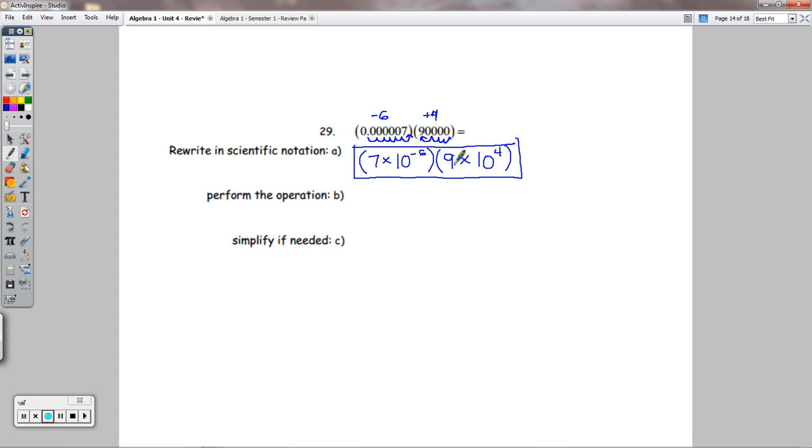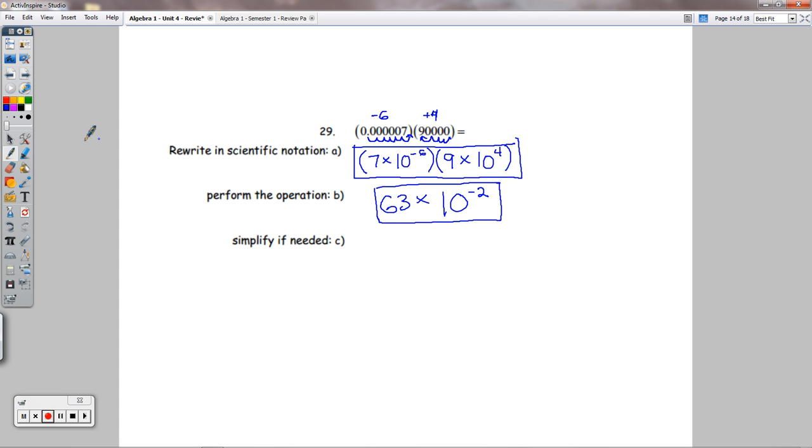That just means you're multiplying them together though. So 9 times 7, that's 63. And then we're just multiplying, so we add the powers. Negative 6 plus 4 would be negative 2. So that is what it looks like after we perform the operation.